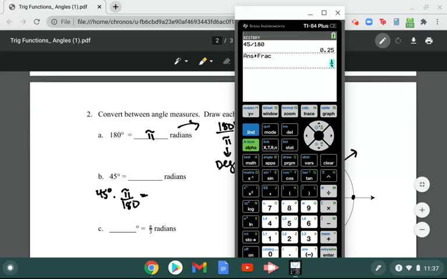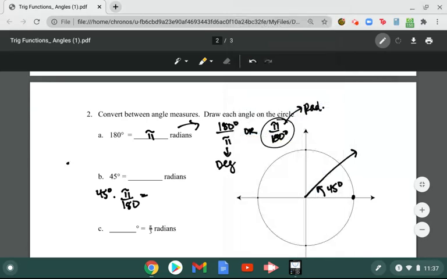I can also arrow up here, and I'm going to grab that 45 divided by 180, and I'm going to do my conversion right here. Convert to fraction even before I hit enter, and it will return 1/4 for me. So this gives me then 1/4 pi, or pi fourths radians. So pi fourths.